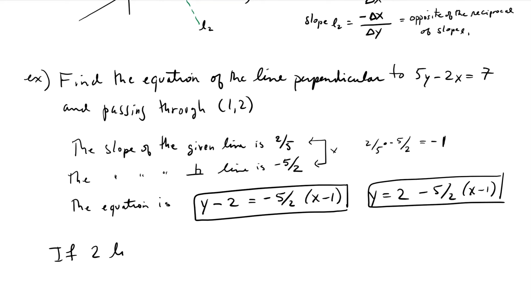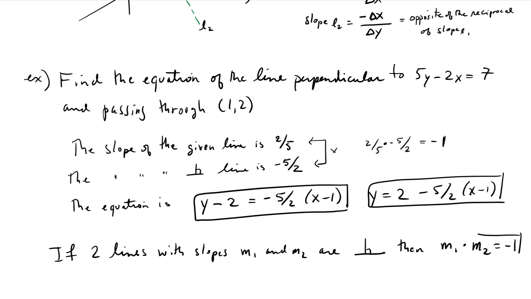If two lines with slopes M1 and M2 are perpendicular, then M1 multiplied by M2 is going to give you minus 1.